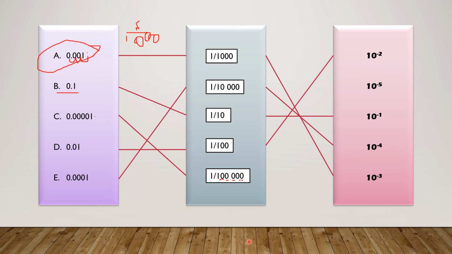And lastly, 1 divided by 100,000, 10 to the power of negative 5.